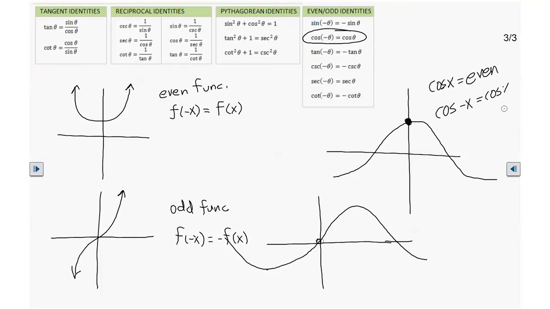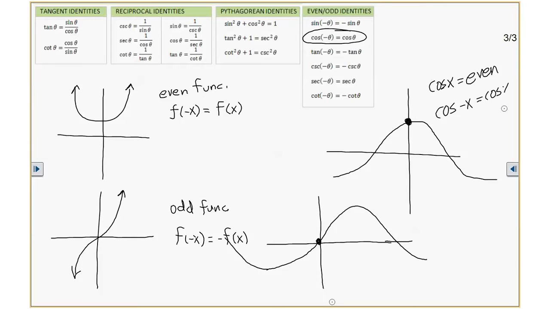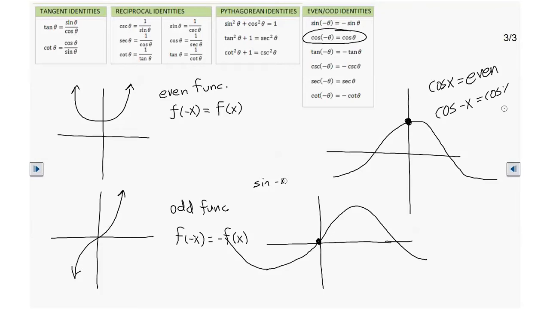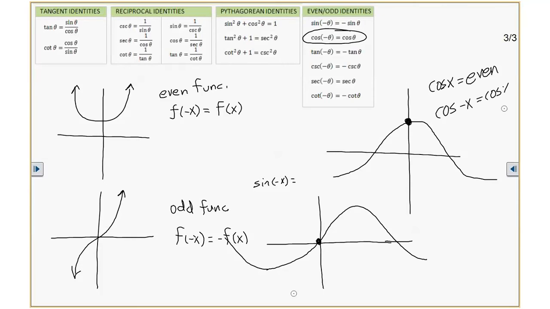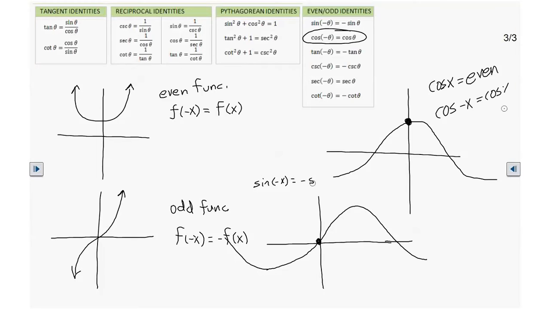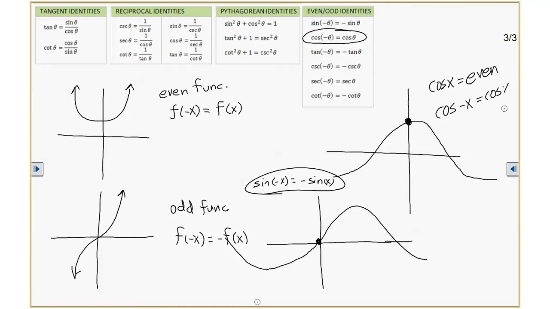So it's symmetrical around the what? The origin. So, put it up here: sine of negative x equals what? Negative sine of x. That looks familiar.